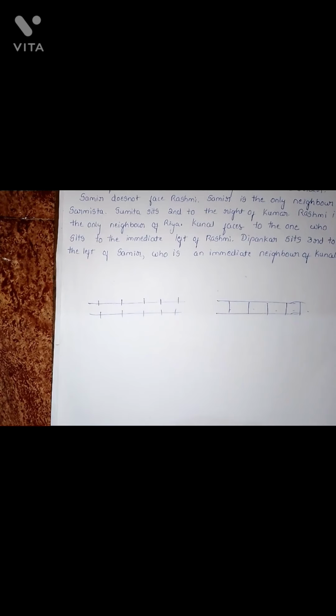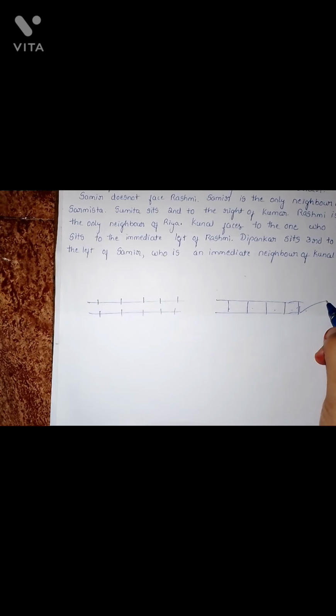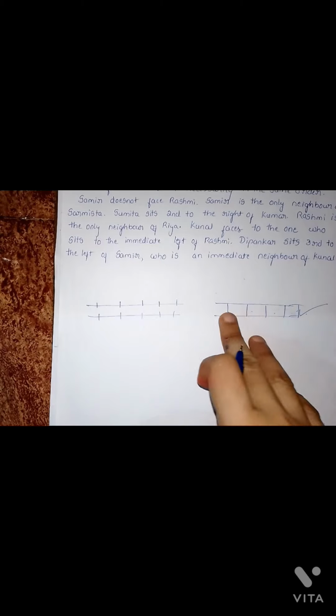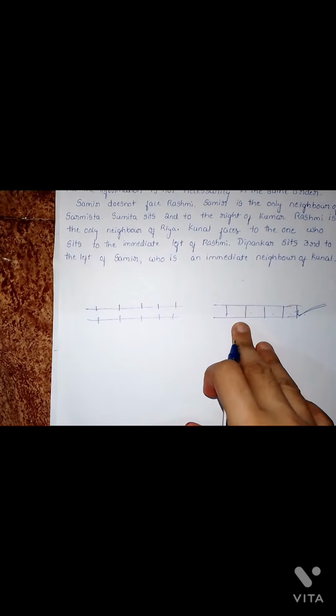Because it's a competitive exam, you have to save as much time as possible. That's why I'm telling you, like this you have to represent. Okay, so see, like this.